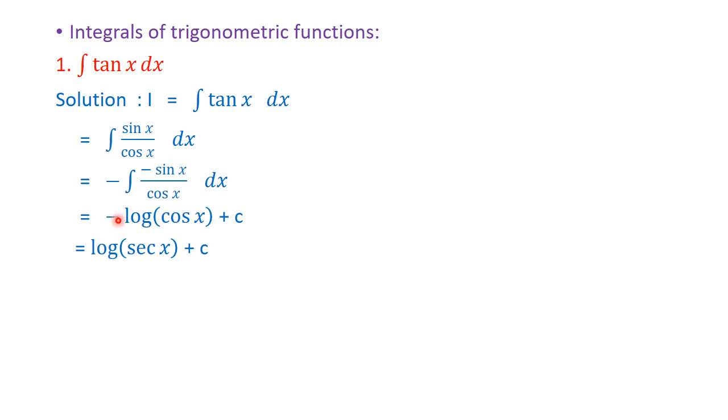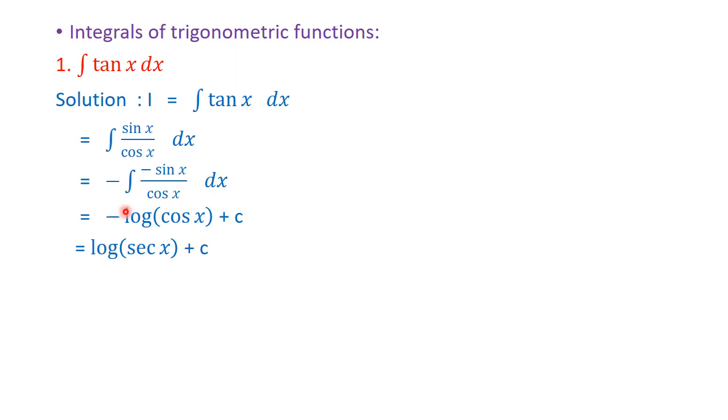Now we can adjust this negative sign by the laws of logarithm. This is nothing but minus 1 as a multiple. So take this minus 1, which becomes a power of cos x, that is cos x raised to minus 1. Then we can reduce this minus 1 to plus 1 by taking its reciprocal as 1 by cos x. And 1 by cos x is nothing but sec x.